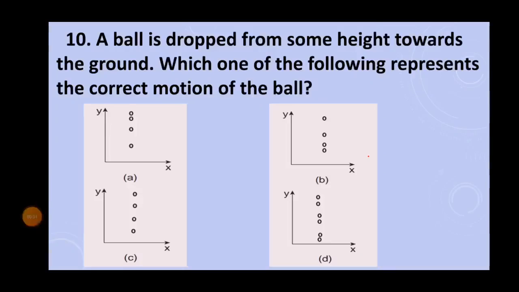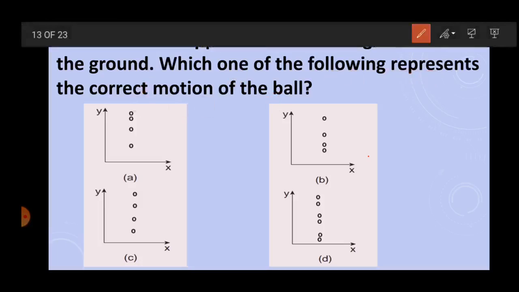Next up, the 10th problem. A ball is dropped from some height toward the ground. Which one of the following represents the correct motion of the ball? Now see your first option. The velocity of the ball dropped from some height toward the ground.